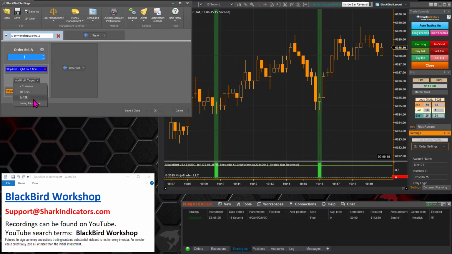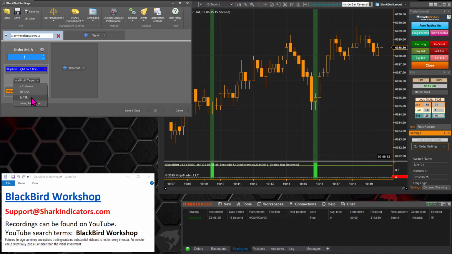Of course, the automatic dynamic profit target or stop loss is an ATR, right? That's why some people use ATRs, because it's dynamically adjusting. The ATR increases and decreases with the volatility of the market there.